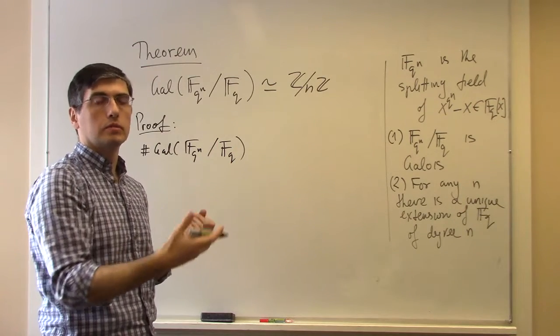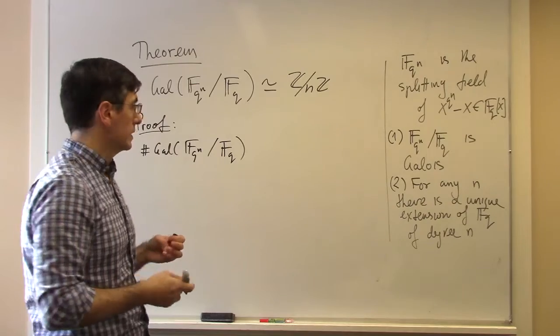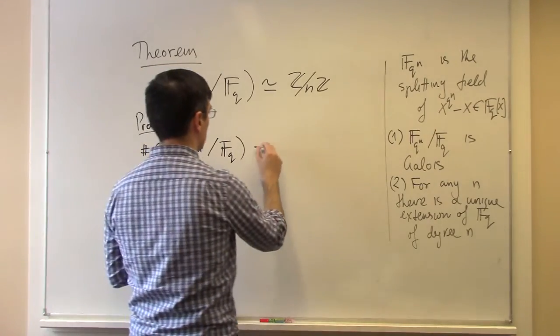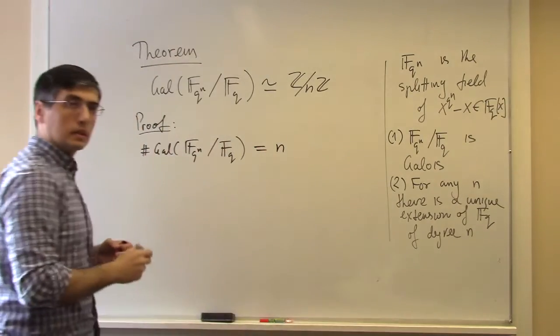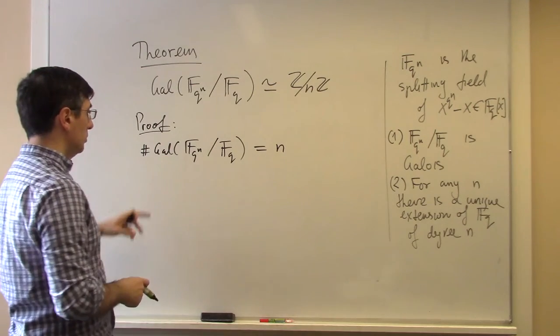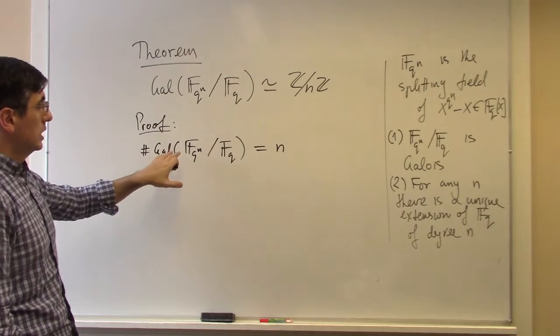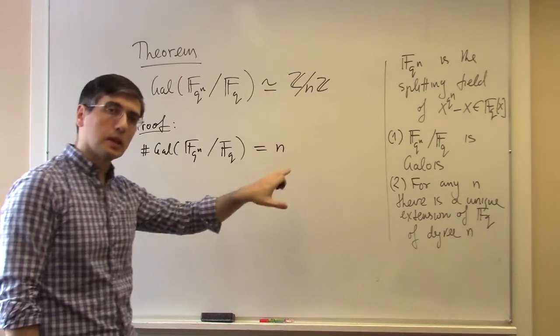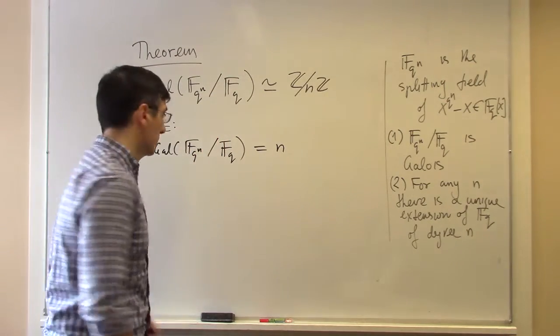It's the number of embeddings. So this is n. That's part of Galois theory. We will show that this is cyclic by exhibiting a generator of this group.